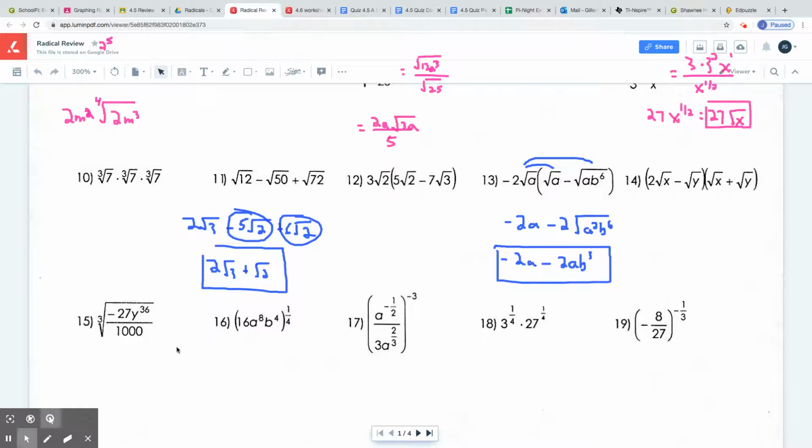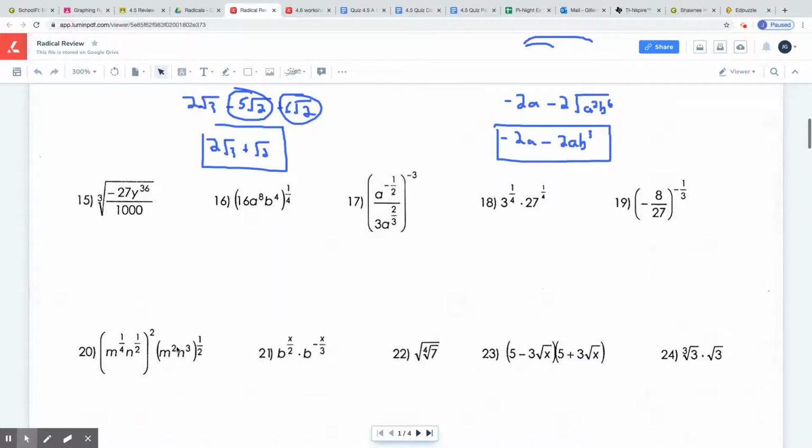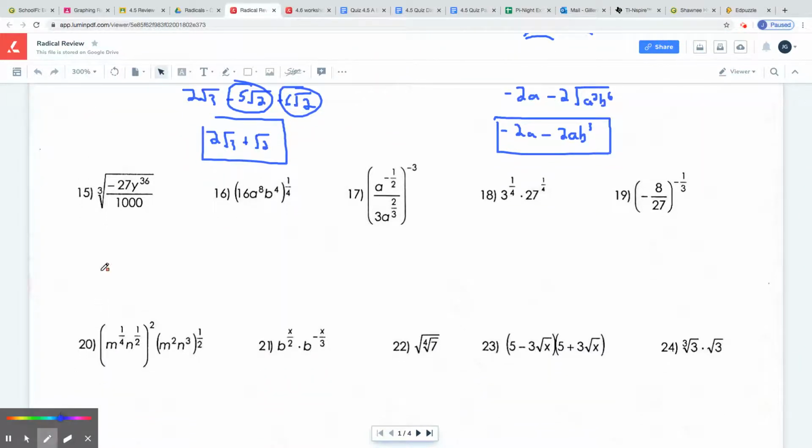All right. 15. We can break this up into the cube root of negative 27y to the 36 over the cube root of 1,000.